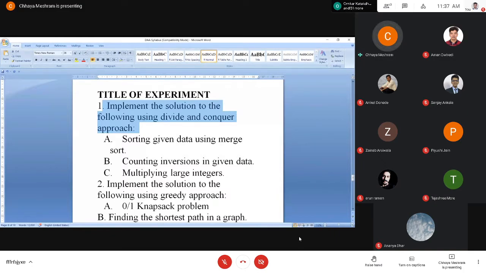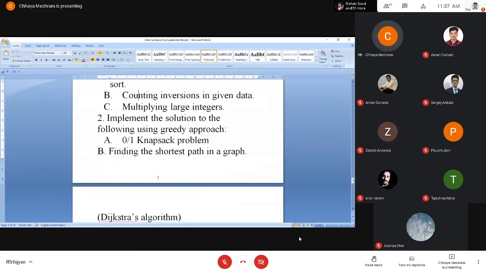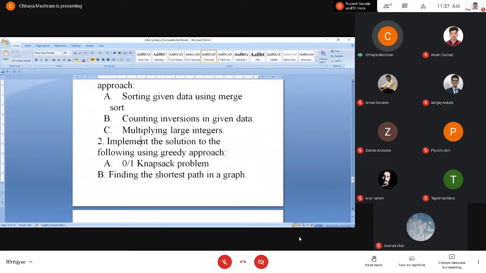We have to perform merge sort using the divide and conquer strategy. Secondly, we have to implement counting inversions in the given data using divide and conquer. Then multiply large integers, implementing the multiplication of large integers using divide and conquer strategy.